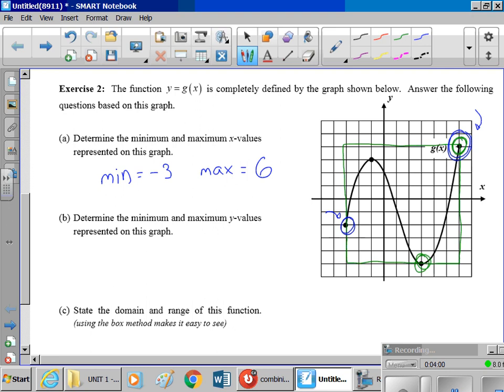And we're going to do the same thing with the range. Determine the minimum and maximum y values represented on this graph. The minimum would be the lowest point, which would be 1, 2, 3, 4, 5, -5. And the max would be the topmost point, which would be 1, 2, 3, 4.